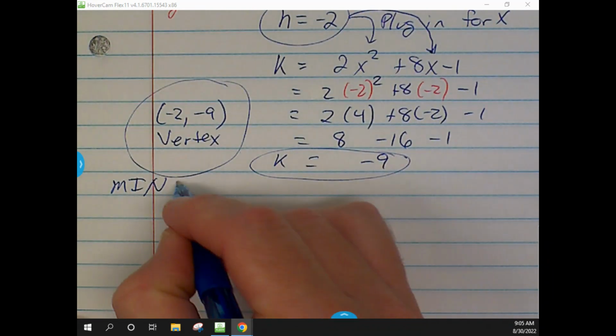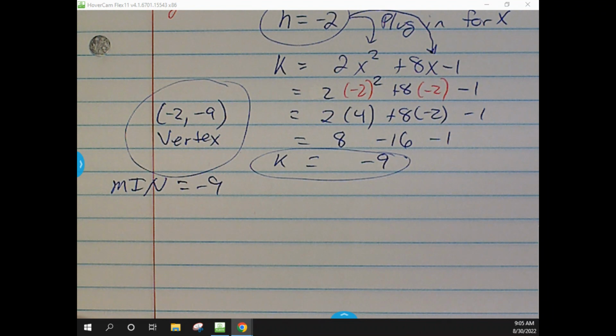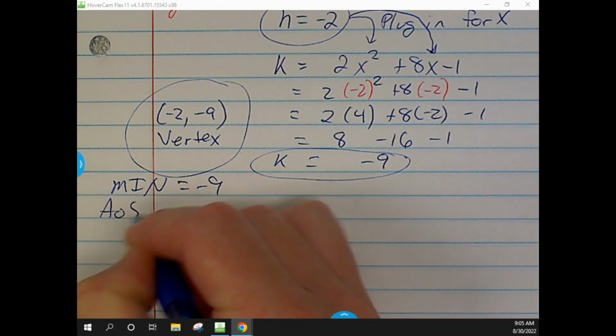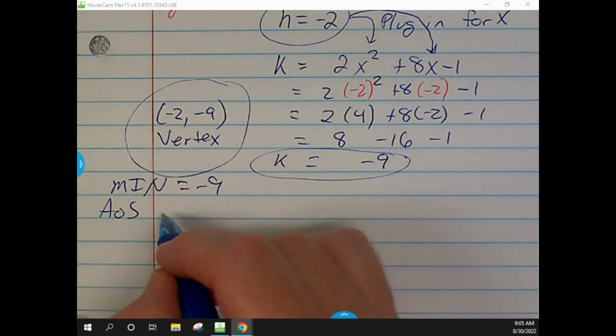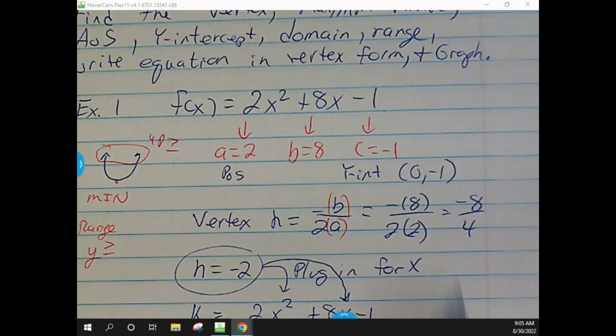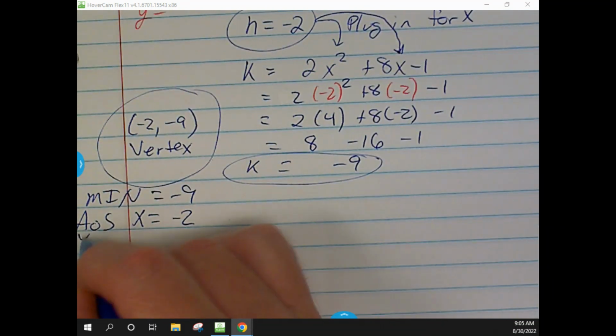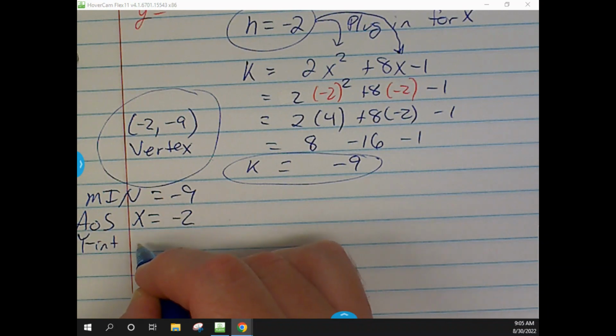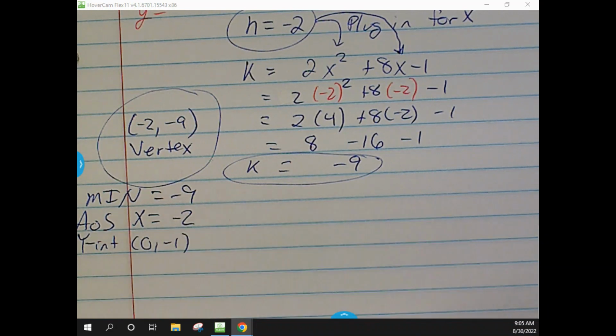So the min value is going to be at -9. The axis of symmetry is always the x value. We've already got the y-intercept back up here. This was at 0, -1. If you want to go ahead and write it down, we can. One more time. 0, -1.